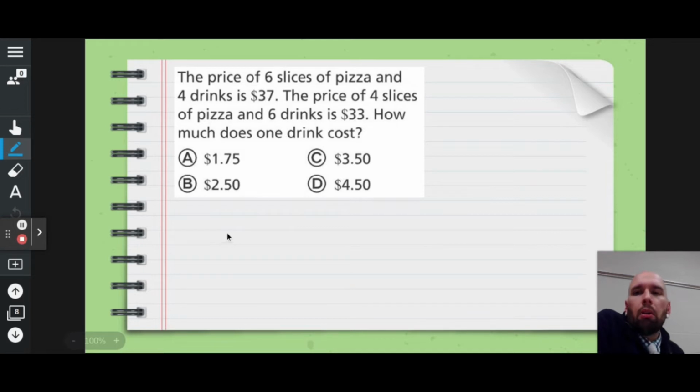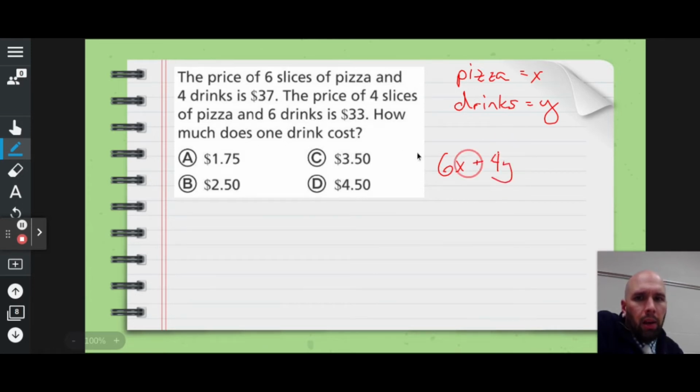The price of 6 slices of pizza and 4 drinks is $37. The price of 4 slices of pizza and 6 drinks is $33. How much does 1 drink cost? Let's let pizza be X. Let's let drinks be Y. So 6 slices of pizza, 6X, plus 4 drinks, 4Y, equals 37.